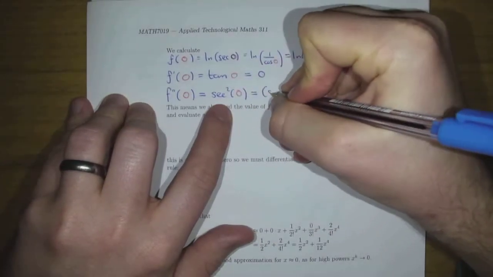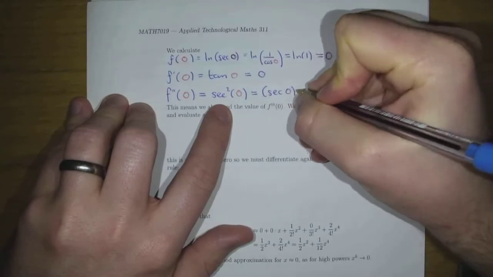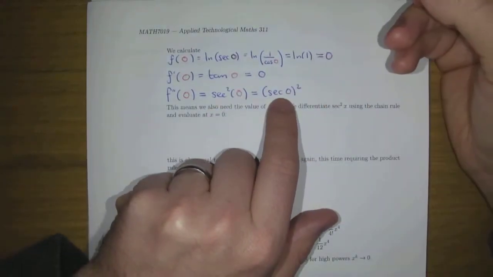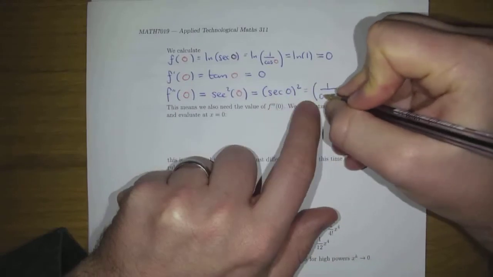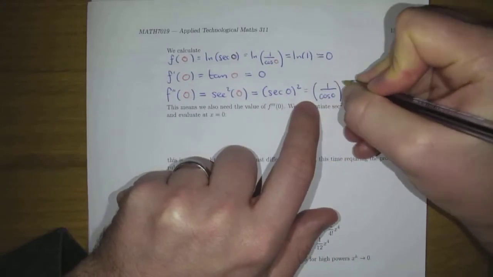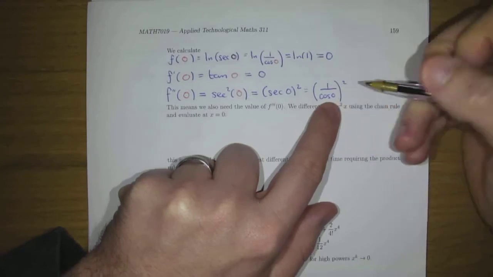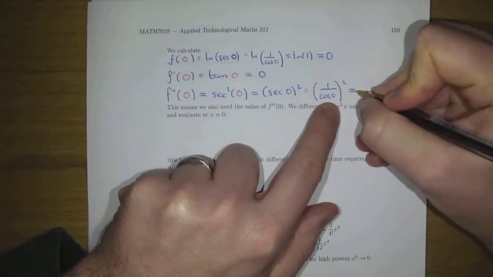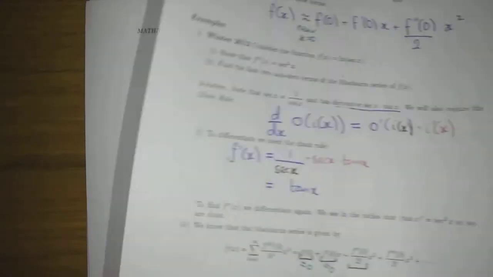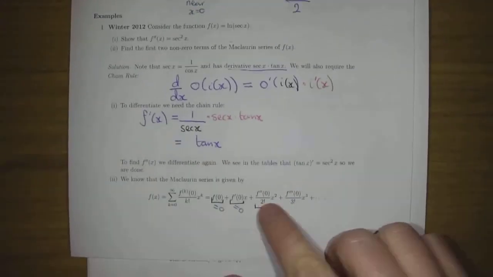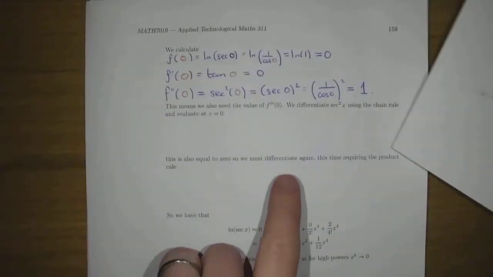Sec multiplied by itself, or sec of 0 squared. That's what we're dealing with here. And sec of 0 is 1 over cos of 0. And cos of 0 is 1. 1 over 1 is equal to 1. 1 squared is equal to 1. Okay, so this term here, we have something. We have the second derivative evaluated at 0 is 1.